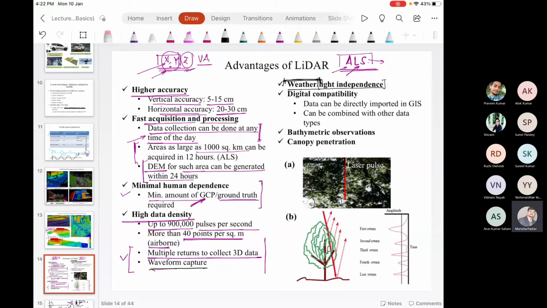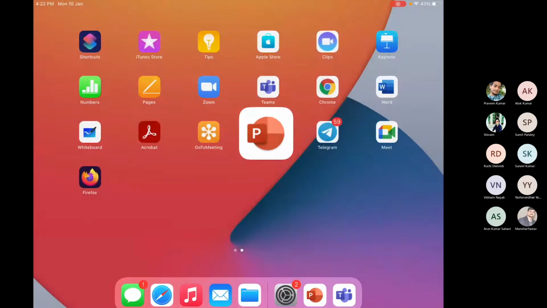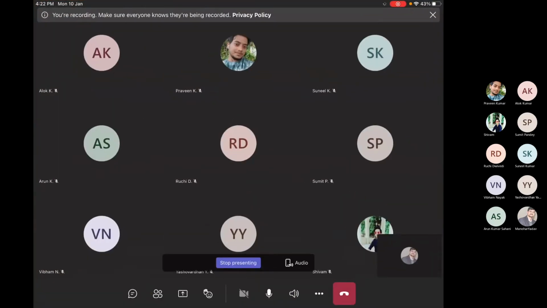I have already discussed enough background to respond to this query. Sunil, can you try to respond to this query?